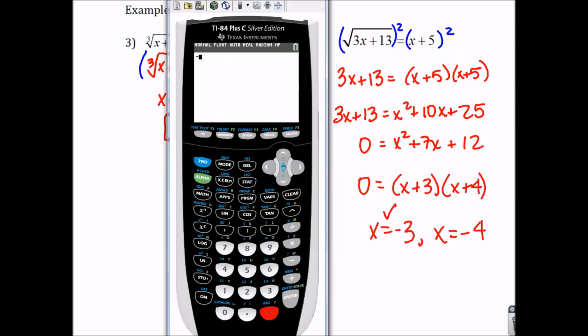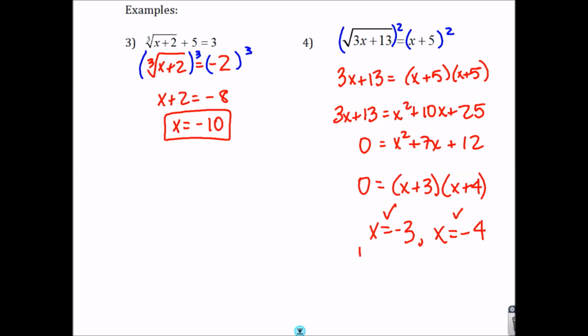If I check -4, square root of 3x plus 13 gives me 1, and x plus 5 gives me 1 as well. So both of these answers work.